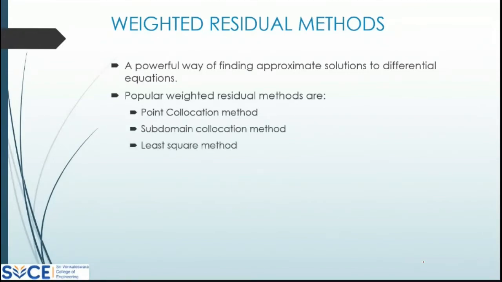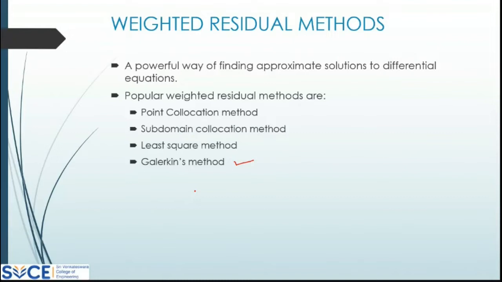Third is least squares. And the fourth is Galerkin's method, right? Whatever element we have in any software is based on Galerkin's method. The element matrix and the element stiffness matrix are derived from Galerkin's method because it is easy and also accurate when compared to the other three methods.